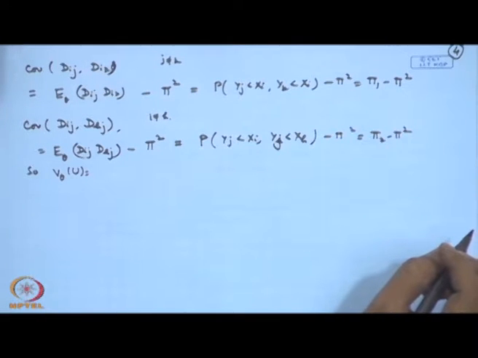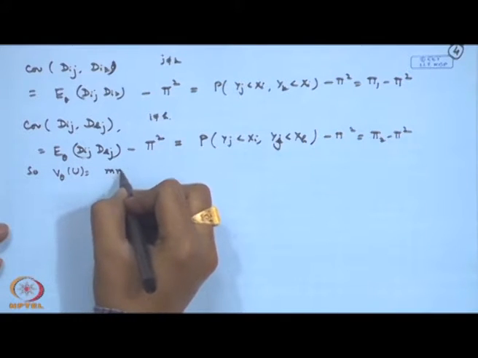So, then we are left with these terms and let us count how many terms will be coming. The first one is the sum over all the values.